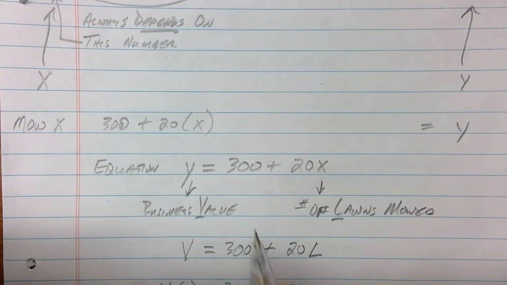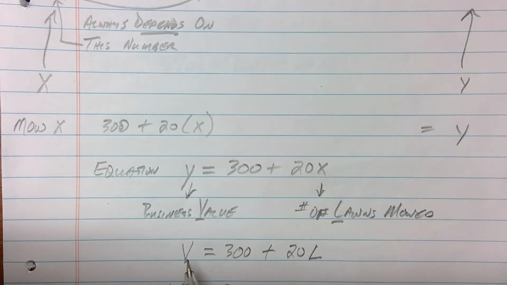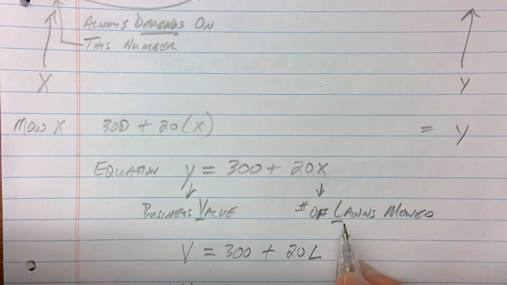you mowed. All right. The only thing that changes from here to a function is they use letters that maybe make sense to the word problem. So maybe for business value, I could use B or I could use V. I chose to use V for value. And that's going to be 300 plus 20. Well, instead of x, I can use L for lawns or M for mowed.